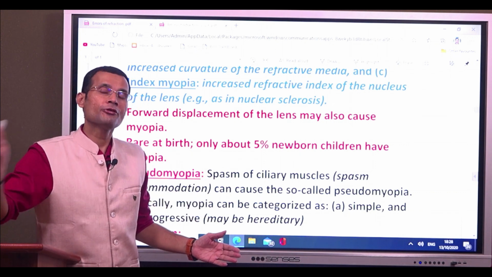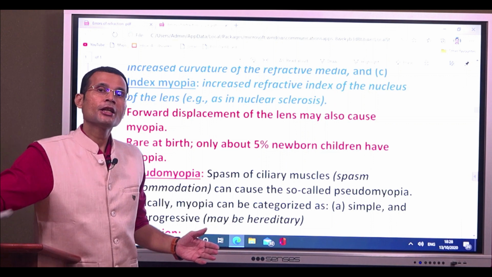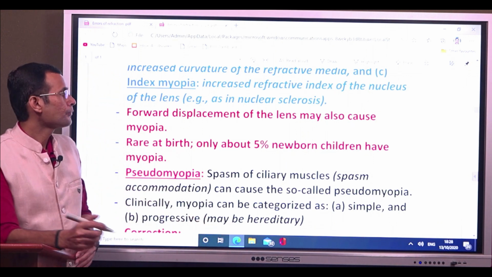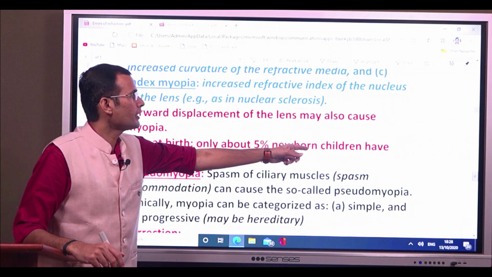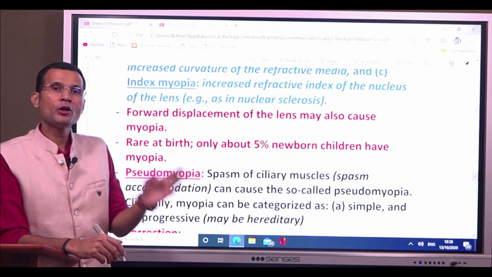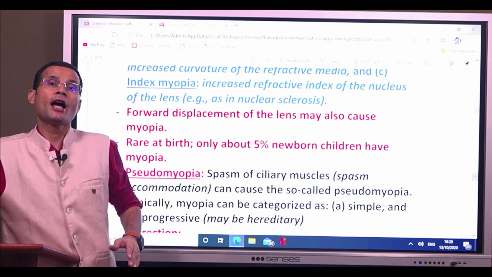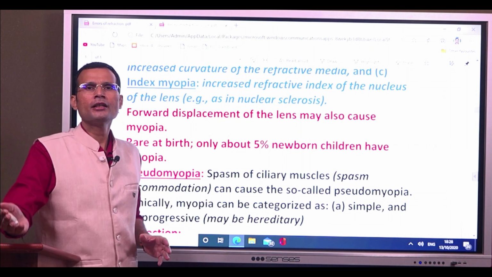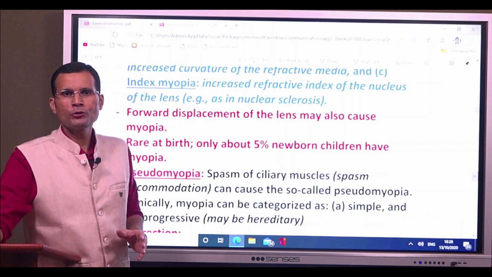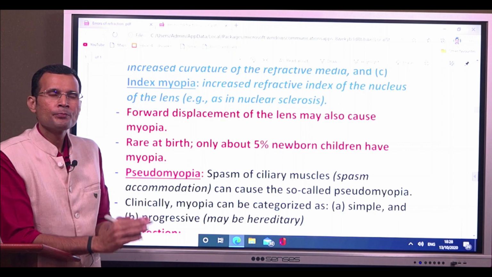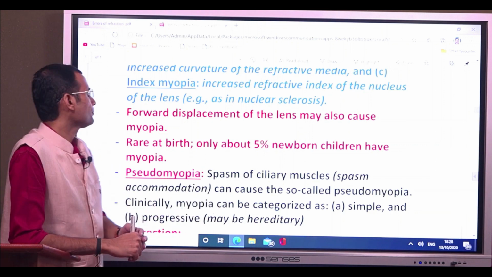Hypermetropia is far-sightedness or long-sightedness, image forms beyond the retina or behind the retina. Forward displacement of the lens may also cause myopia. Backward displacement of the lens may also cause hypermetropia. I took a fast forward route to compare myopia and hypermetropia so that it can be clearly distinguished.